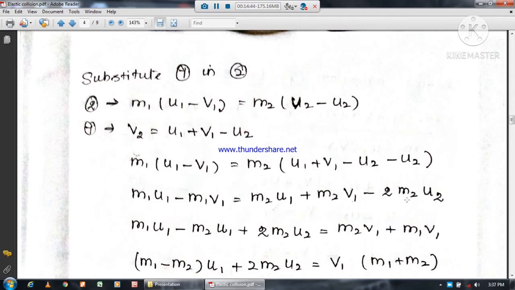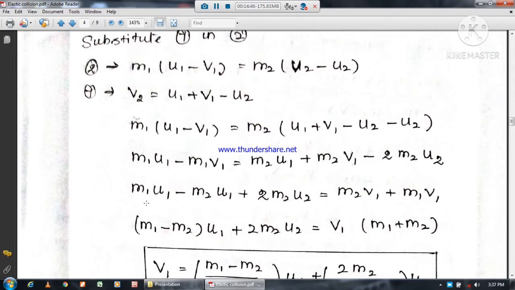And now we take the u terms to left hand side and v terms to right hand side. So here m1 u1, and you take this v1 to right hand side, and this m2 u1, you take this into left hand side, that is, this is positive. So when you take this into left hand side it becomes negative, right?